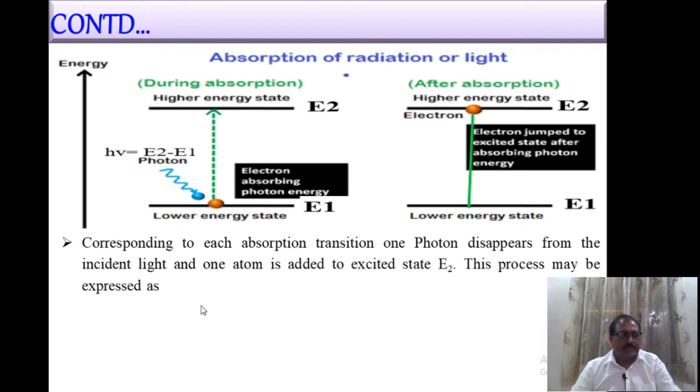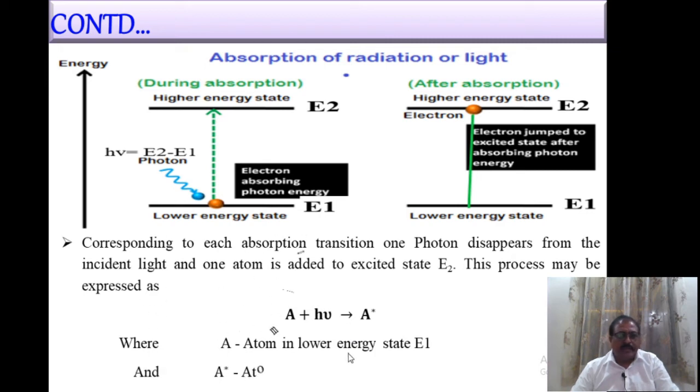So this can be expressed as A plus h nu gives A star, where A is the atom in the lower energy state, and A star is the atom in the excited energy state E2. So in the absorption transition, one photon disappears from the incident light and one atom is added to the excited state E2.